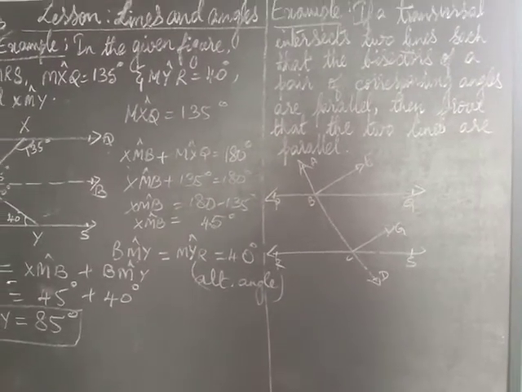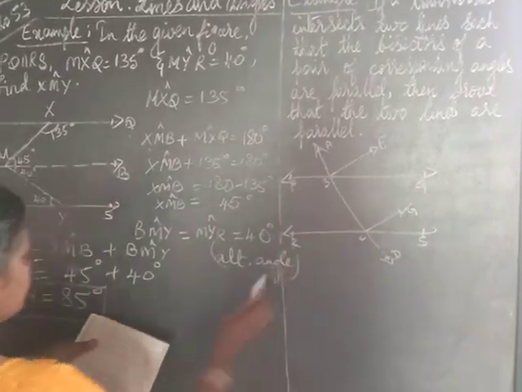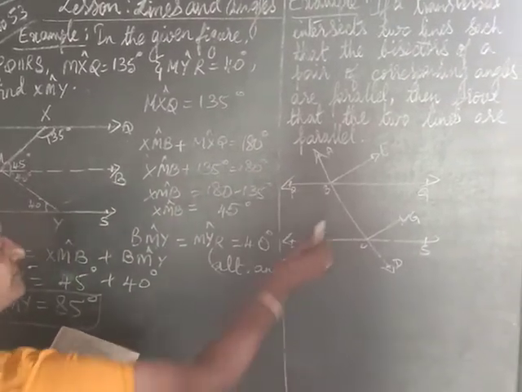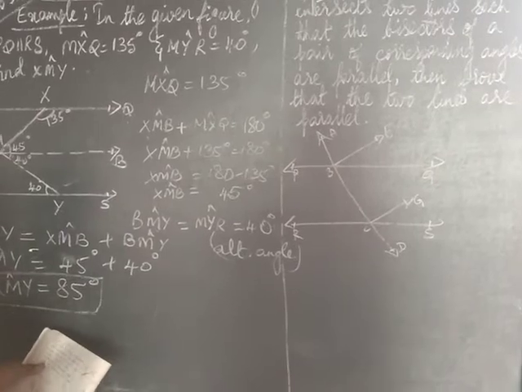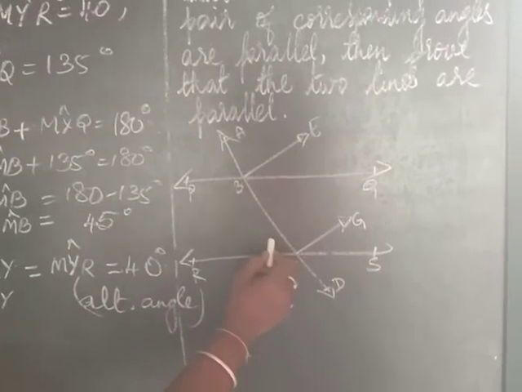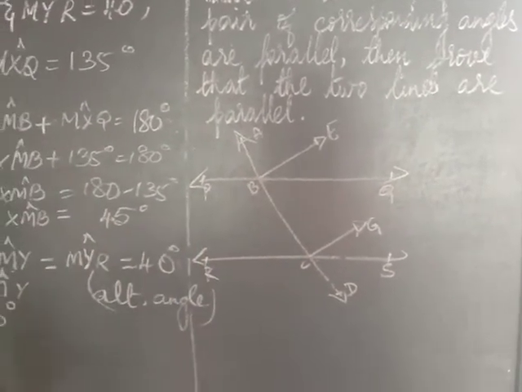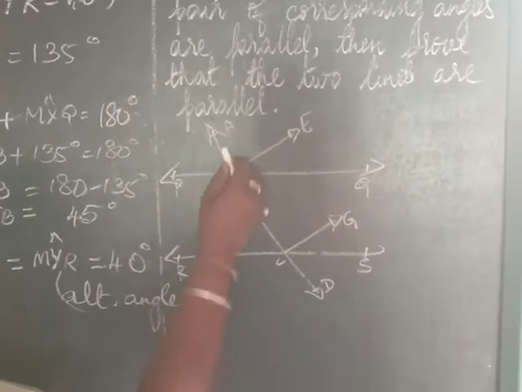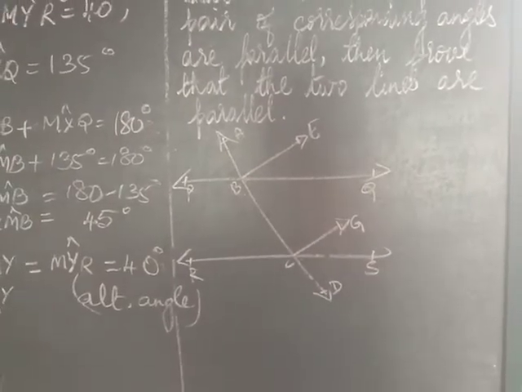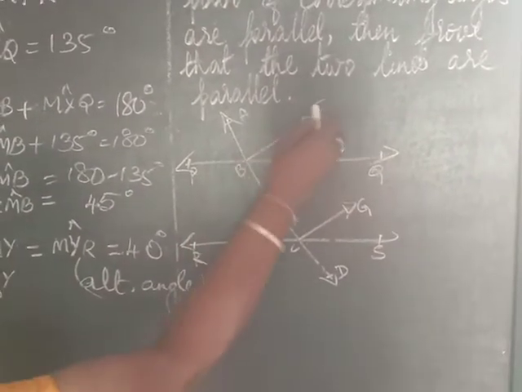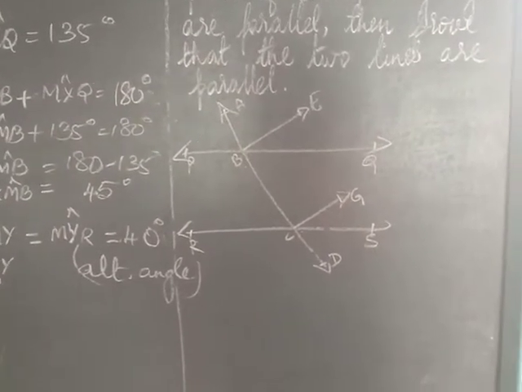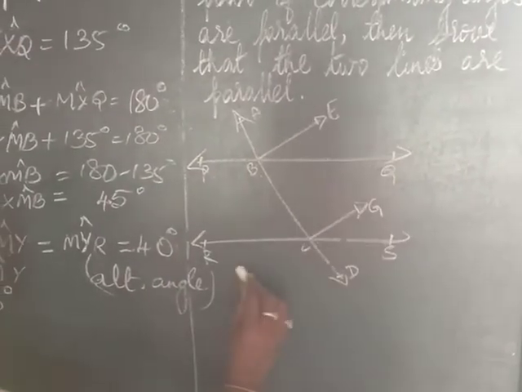In the figure, transversal AD intersects two lines PQ and RS at points B and C, ray BE is the bisector of angle ABQ and ray CG is the bisector of angle BCS, and BE is parallel to CG. This is what is given, and we have to prove PQ parallel to RS.